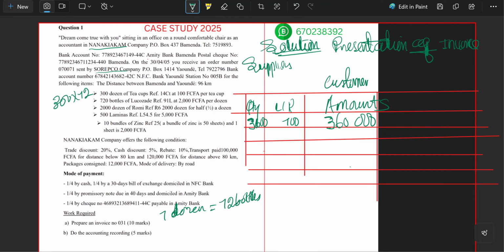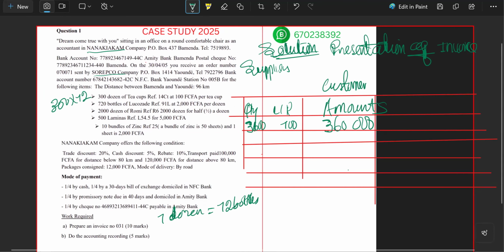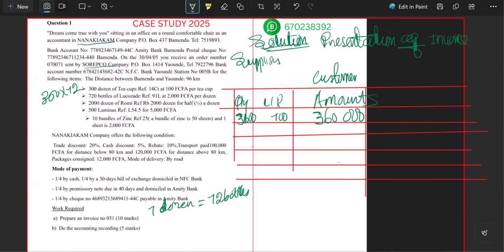1 dozen equals 12 bottles. So if 1 dozen is 12 bottles, how many dozens are we going to have? Let the number of dozens be D, for the 720 bottles.